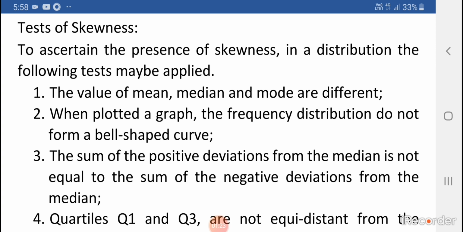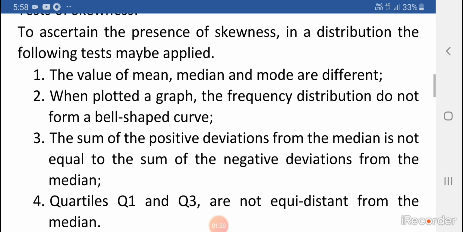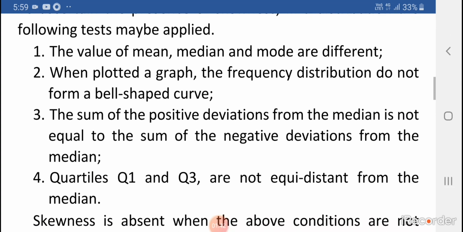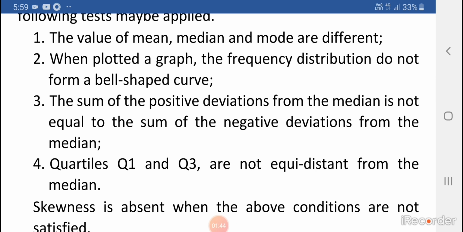To say that a particular distribution has skewness, the following four conditions are to be satisfied. The first one: in a particular statistical distribution, mean, median and mode will not be the same. They will be totally different. And when plotted on a graph, the frequency distribution does not form a bell-shaped curve.